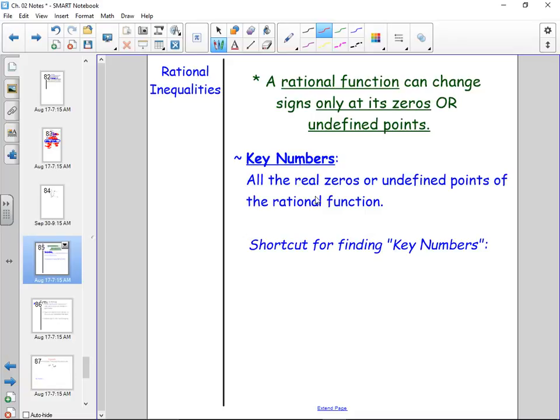What if I was to have something like, let's do 1 minus 1 over x. Do I want that?